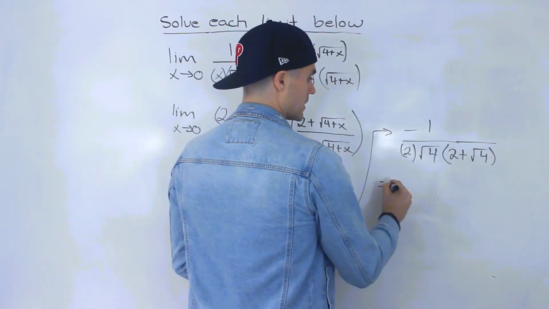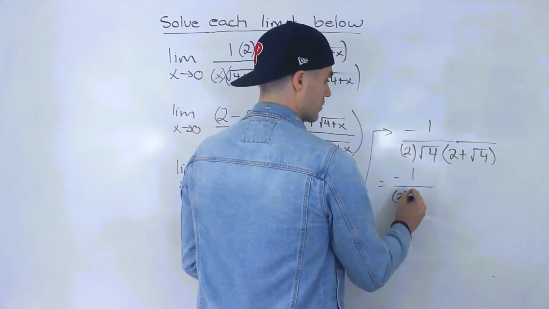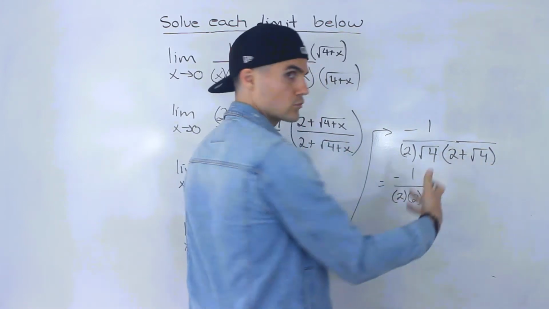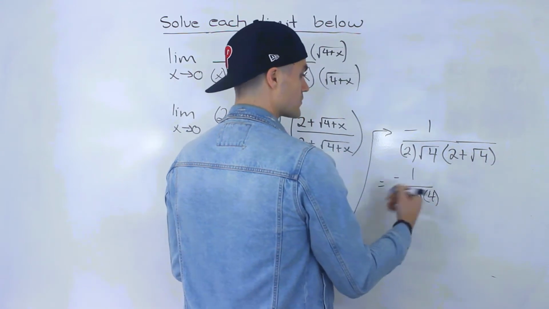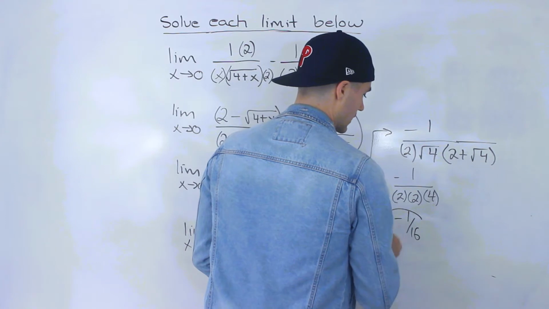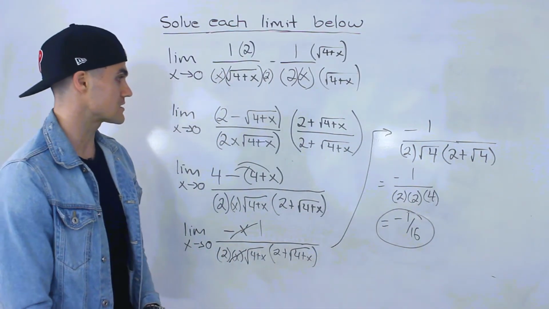And so this would be negative 1 over 2 times 2, and then this would be 2 plus 2. Root 4 is 2, 2 plus 2 gives us 4. 2 times 2 times 4 gives us 16. So negative 1 over 16 is the answer to this limit.